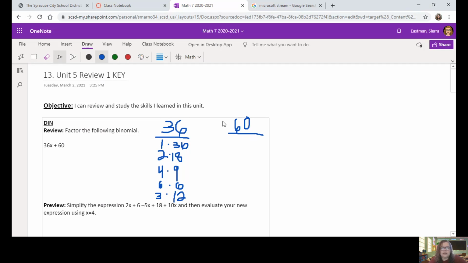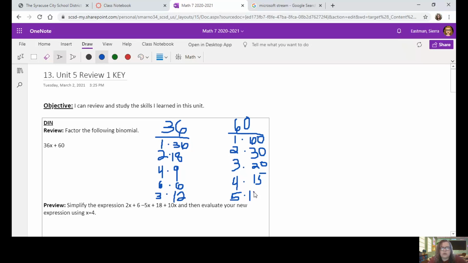And now for 60, I want to try to find those similar or common factors. So I can have 1 and 60, 2 and 30, 3 and 20, 4 and 15, 5 and 12.